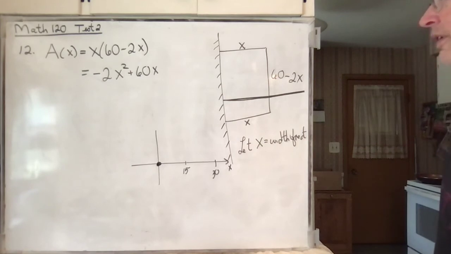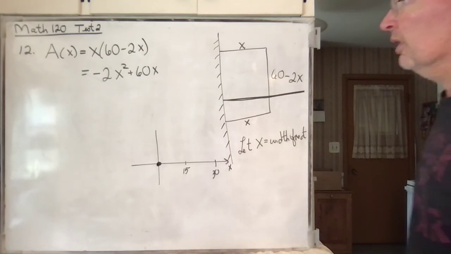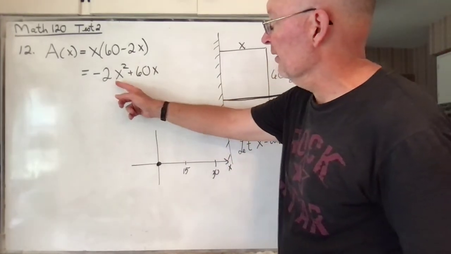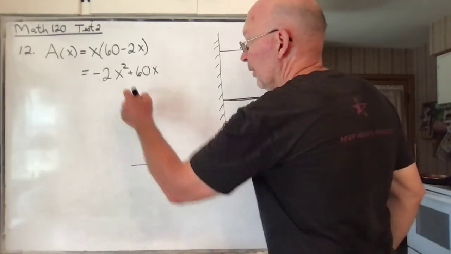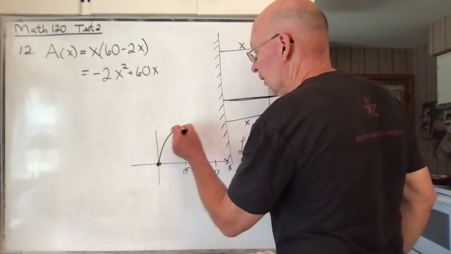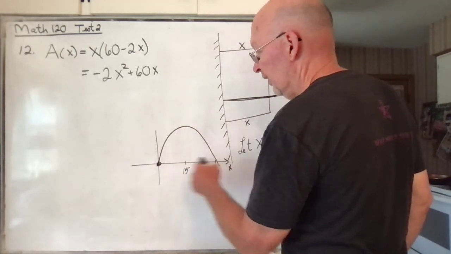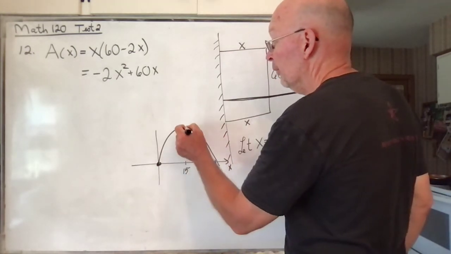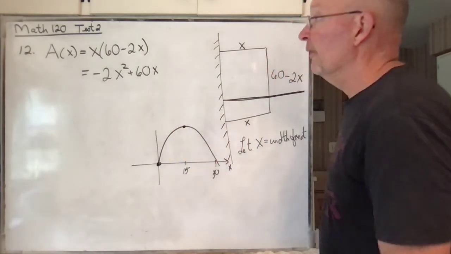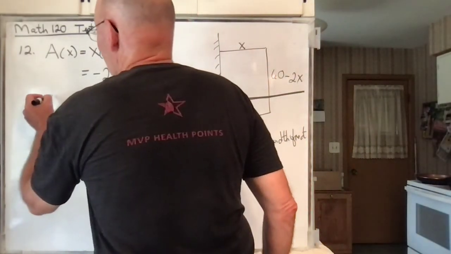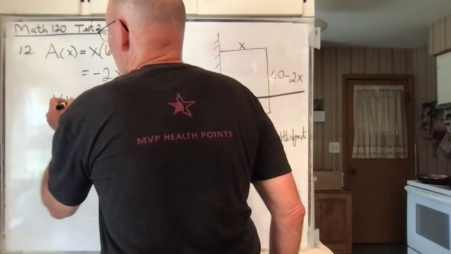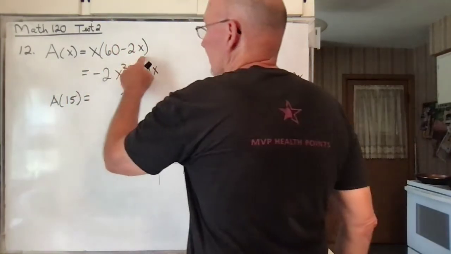Notice that this thing right here is a parabola that's pointing down, and 15 feet is midway between these two spots, and so that's going to be where the vertex is. So if you find out what the area of 15 is, what are you going to get? I think this is the easier one to work with.